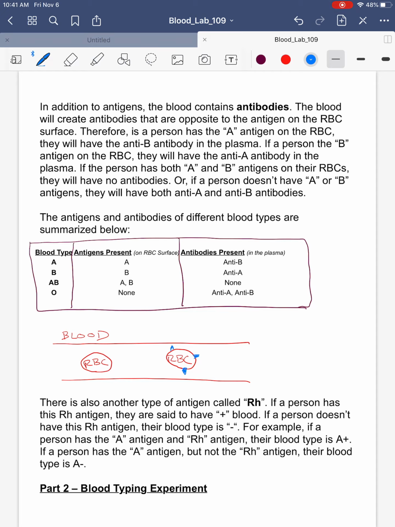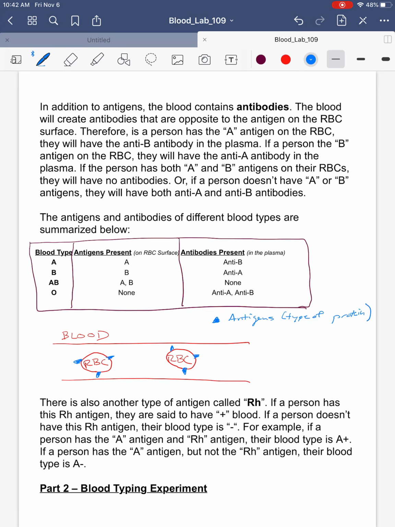They really don't look like little blue horns, but I'm just doing that for emphasis. So they have these things called antigens. Make a little key here. These are antigens, and they're just a type of protein. And they're just there, okay?